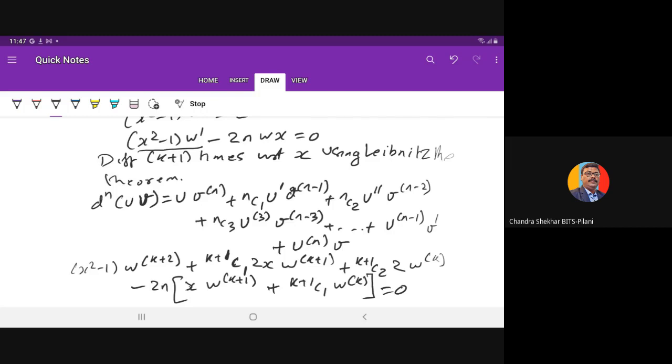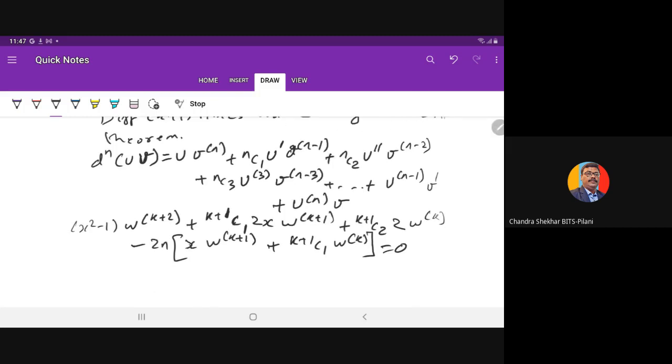Now when you collect the terms, for w to power k plus 2 we have x square minus 1. For w to power k plus 1, from here we have k plus 1 C1 into 2x, and from here we have minus 2nx.